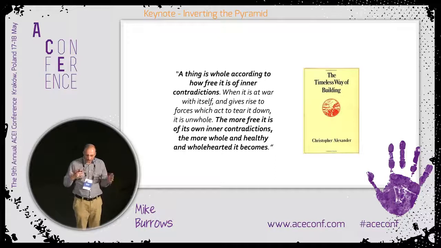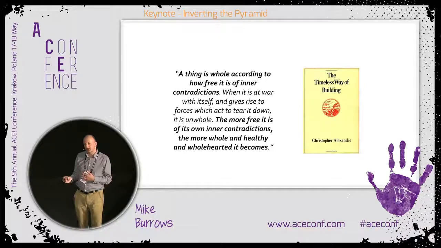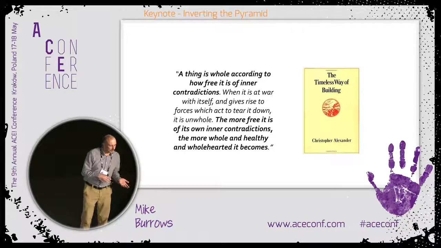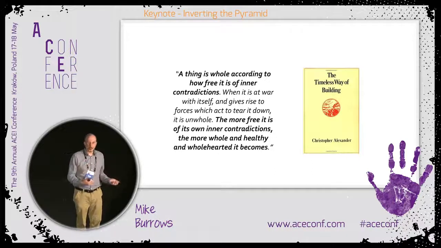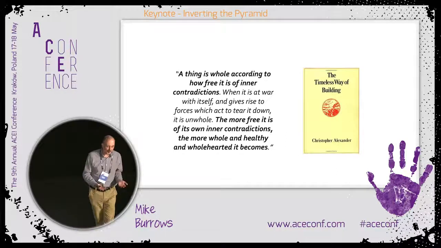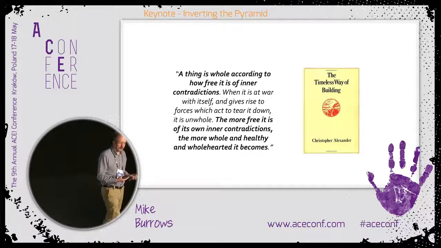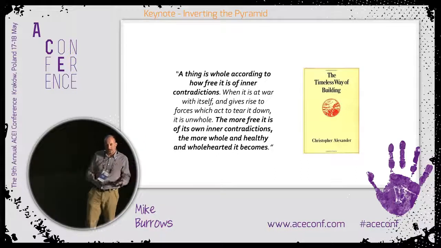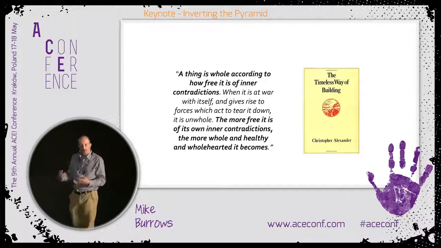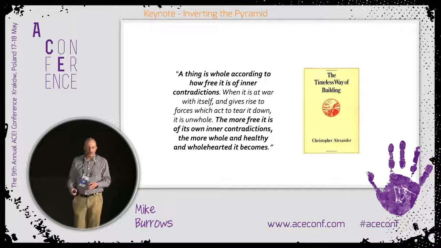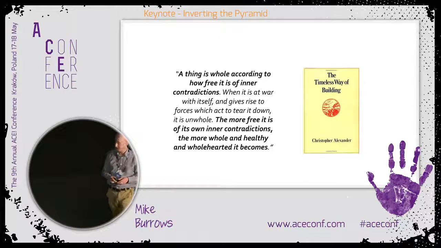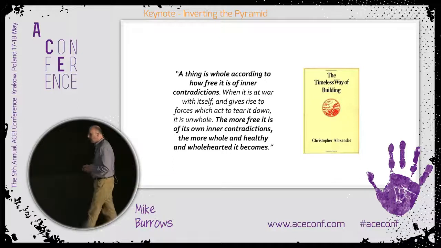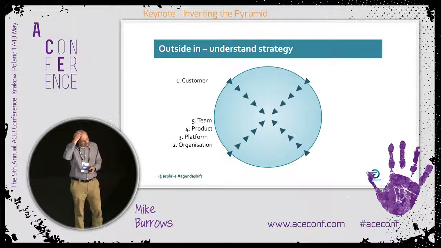And, reading the whole book, I was thinking of this architecture book as a metaphor for organization design. And I thought, wouldn't it be great if we were in the business of building wholehearted organizations? Ones in which the contradictions were, first of all acknowledged, then owned, and then resolved in some way that makes the thing more wholesome. So that leads me to another kind of feedback loop.